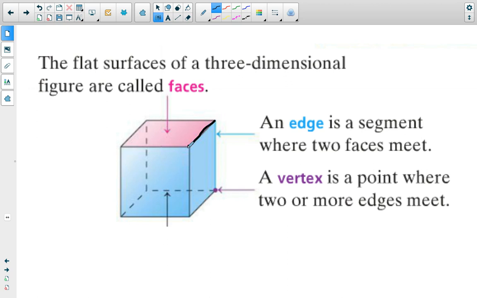Edges are line segments. And then last, we have the corners, where 2 or more of our edges meet. Those are called vertexes. They're where our edges meet. So label your parts so that you know what I'm talking about when I talk about each of those.